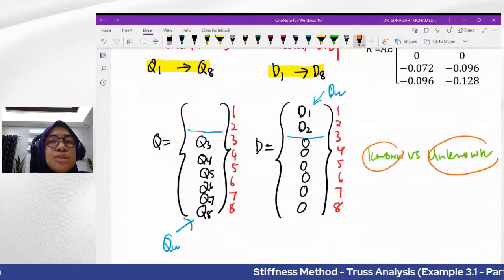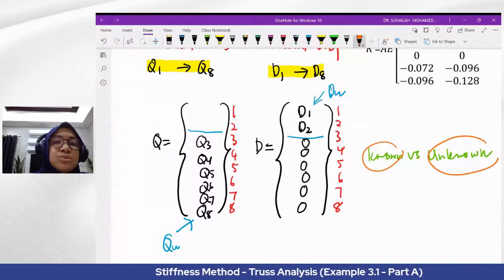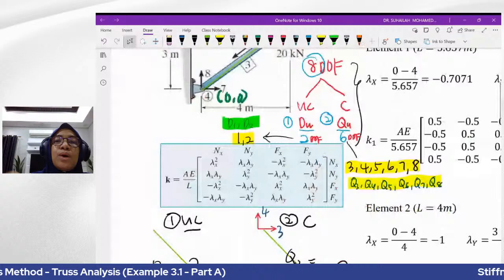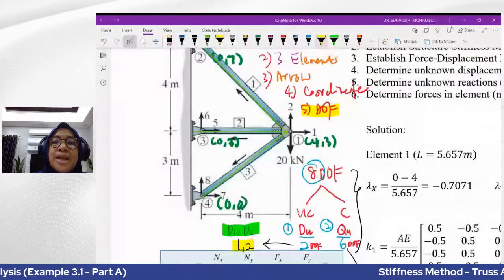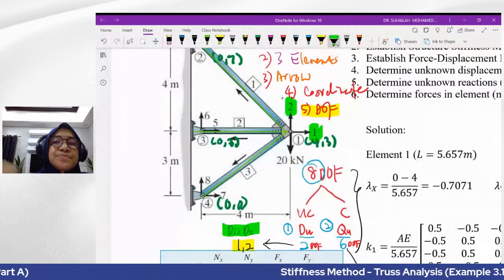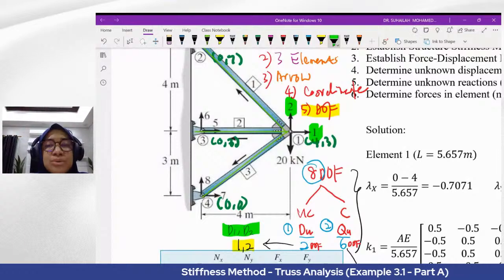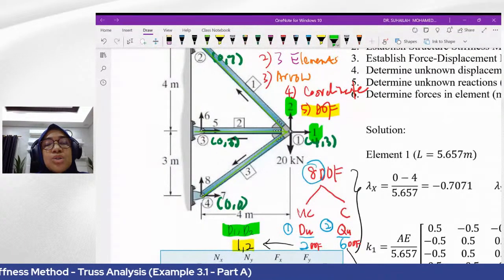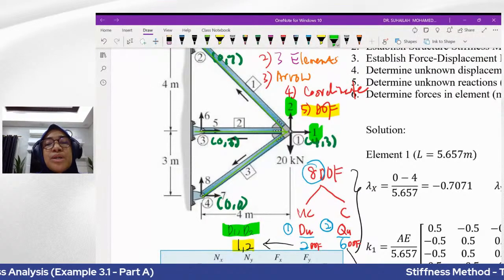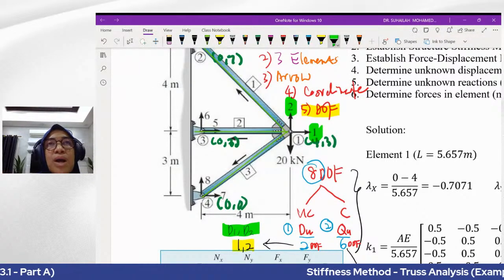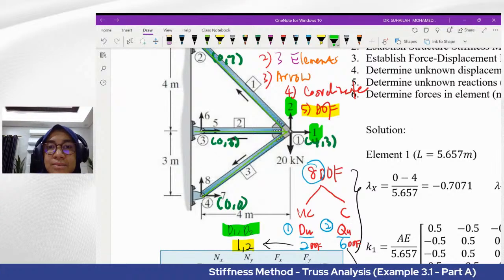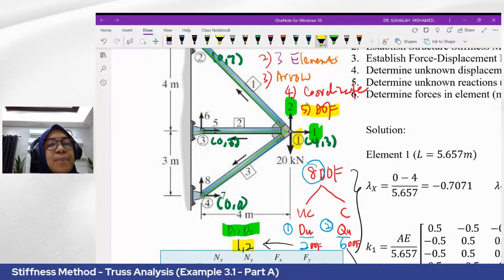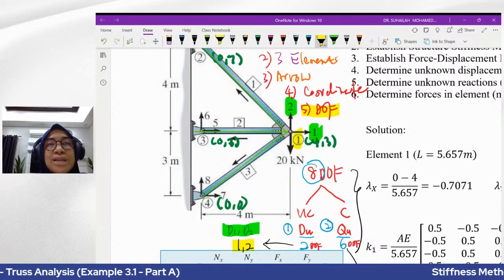So refer back to the diagram. 1 and 2 represent, this is 1, this is 2. 1 is in the horizontal component, 2 is in the vertical component, and these 1 and 2 are located at node number 1. What does it mean?